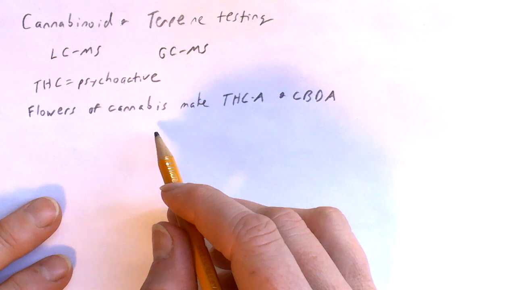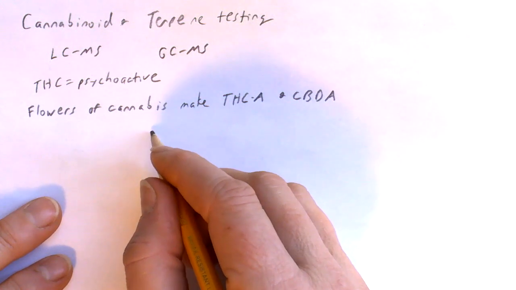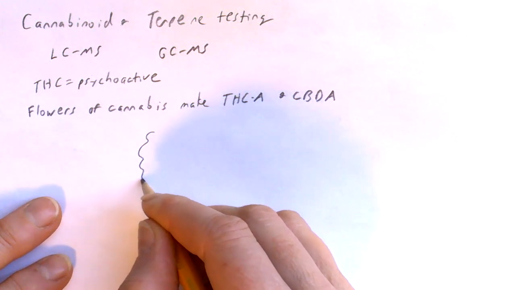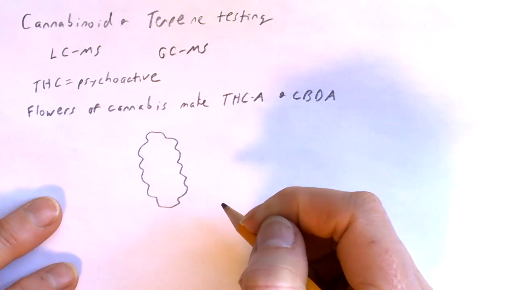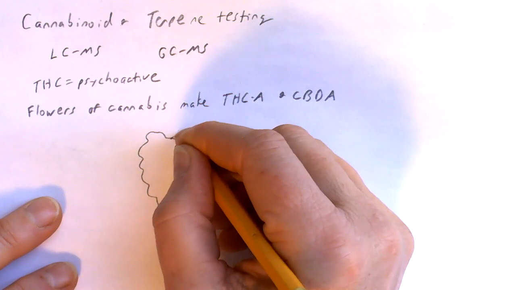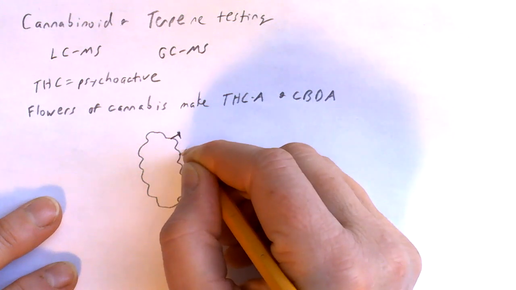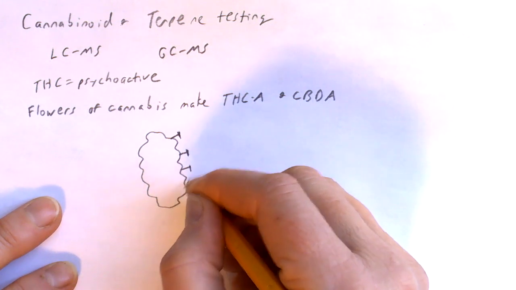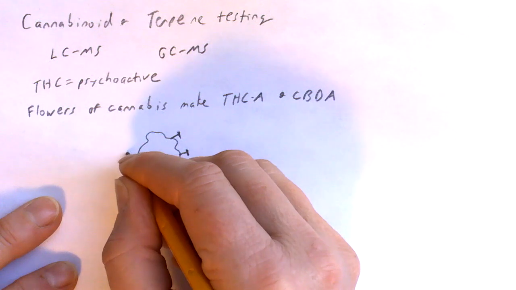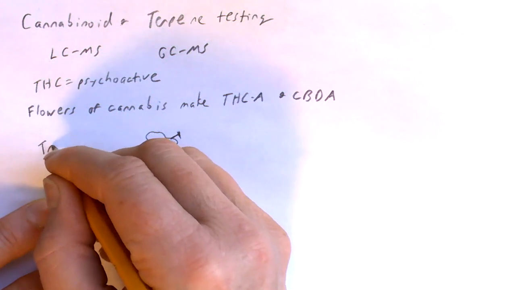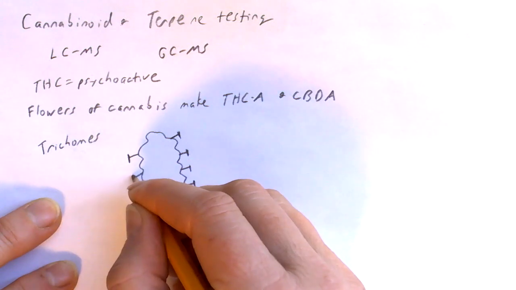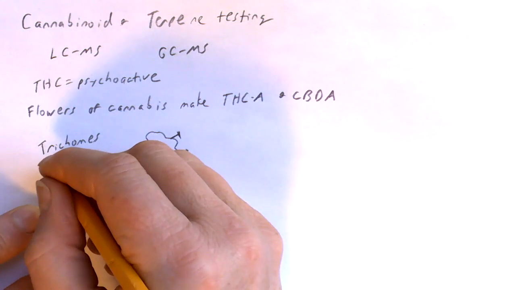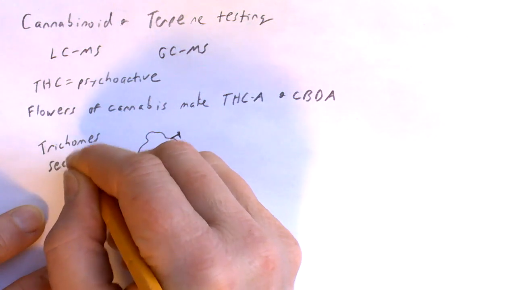Right? So in the flowers, you saw those pictures in earlier slides. The flowers are really these funny crammed shaped things, but they have these little structures on them that are called trichomes. And lots of plants have trichomes. And they're places that secrete substances.